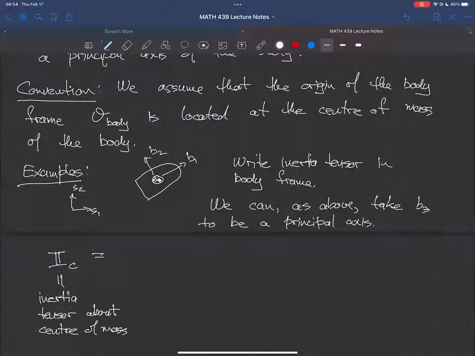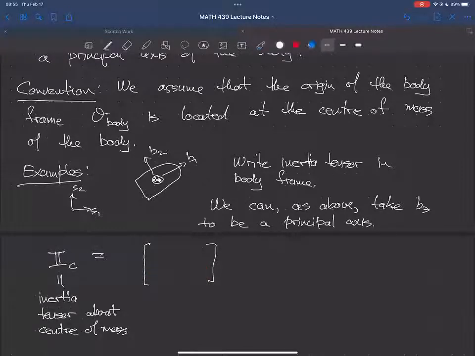It's a linear map from R3 to itself, and what this says is that B3 is a principal axis, so that means it's an eigenvector. Okay, so if it's an eigenvector, then I know, in fact, as an eigenvector that everything here must be 0. And then because it's symmetric, everything here must also be 0.